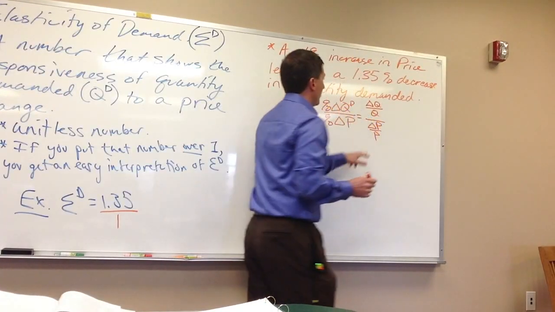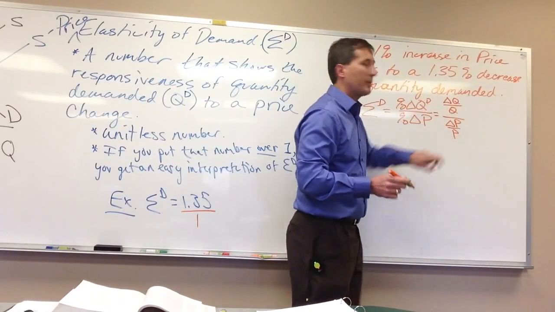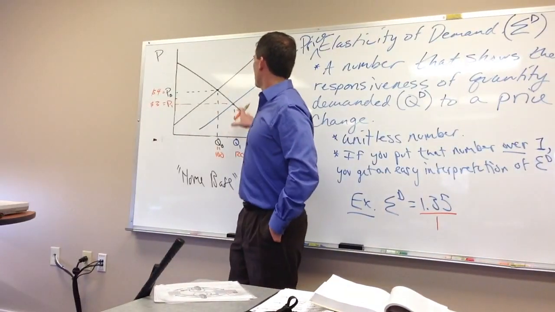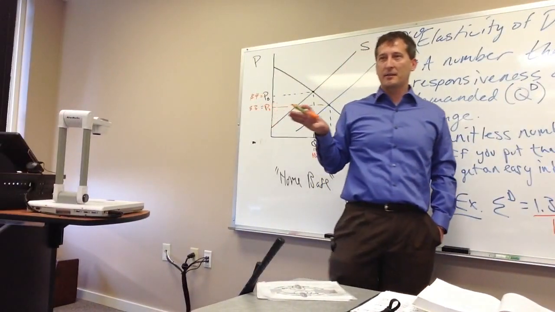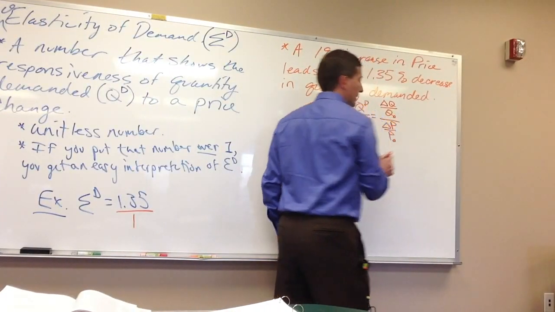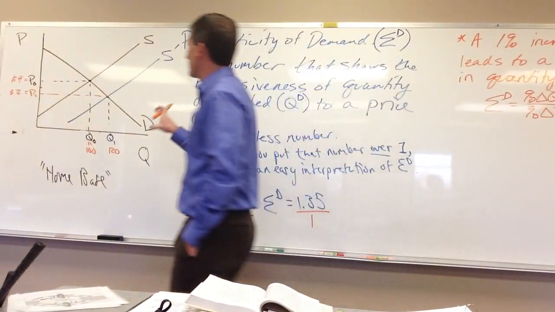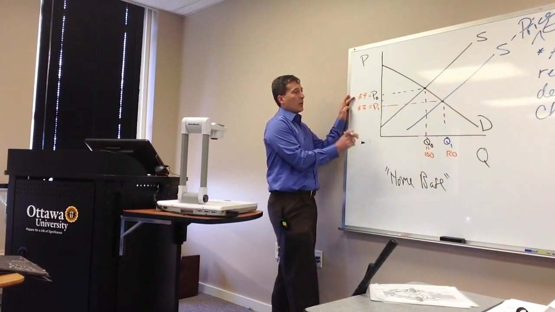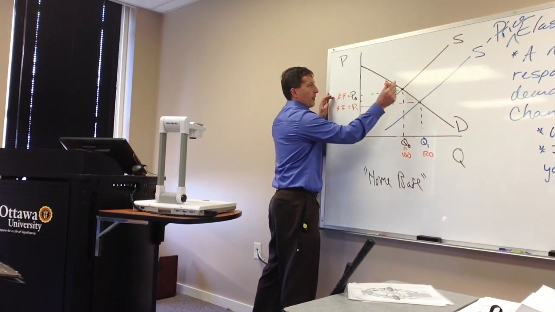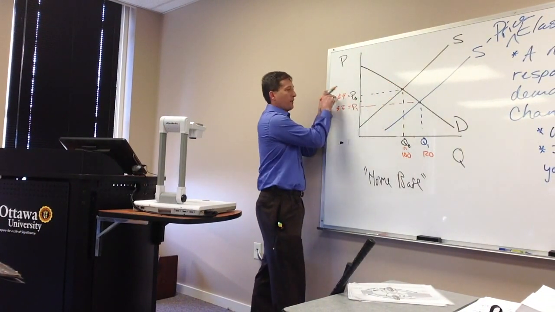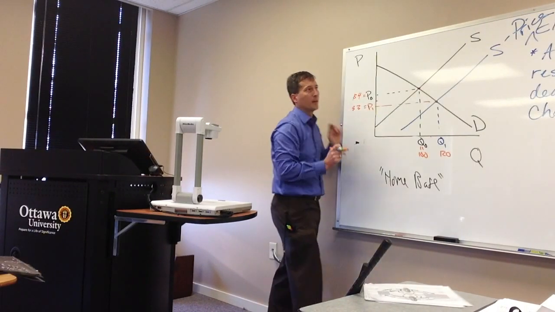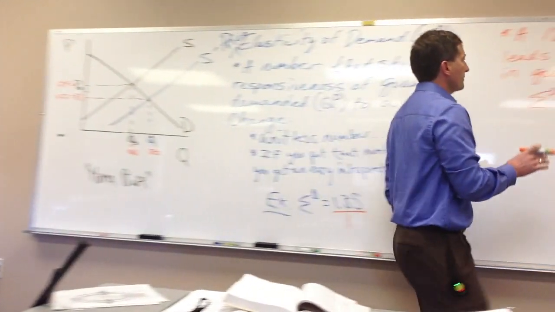And so now our Q and our P represent a specific point along the linear demand curve where we're estimating it. And go ahead and, if you want, put a 0 there just to remember that it's one point along the demand curve. So when we go back to do this formula now, we're going to find it at this point, and we'd be using 4 and 100 when we go back to do it. Okay?